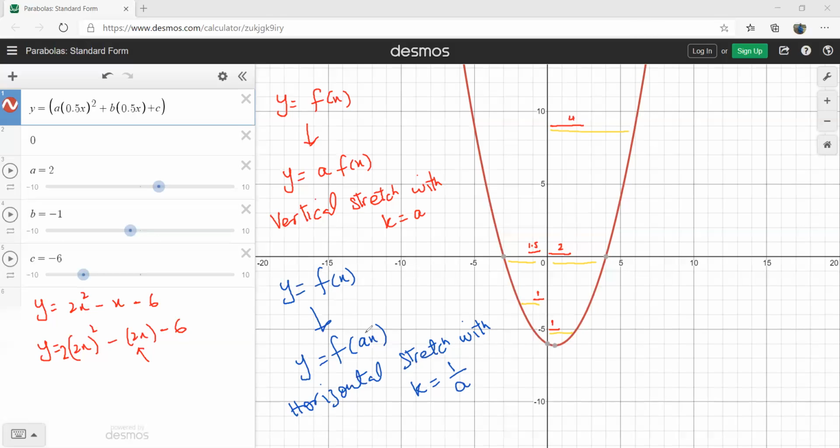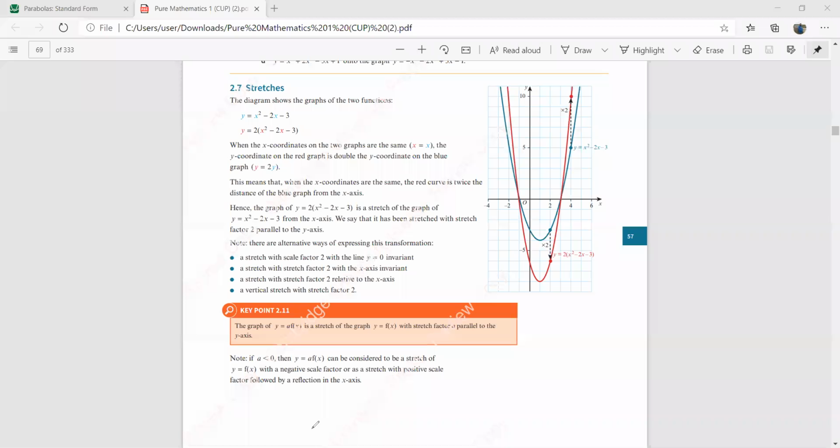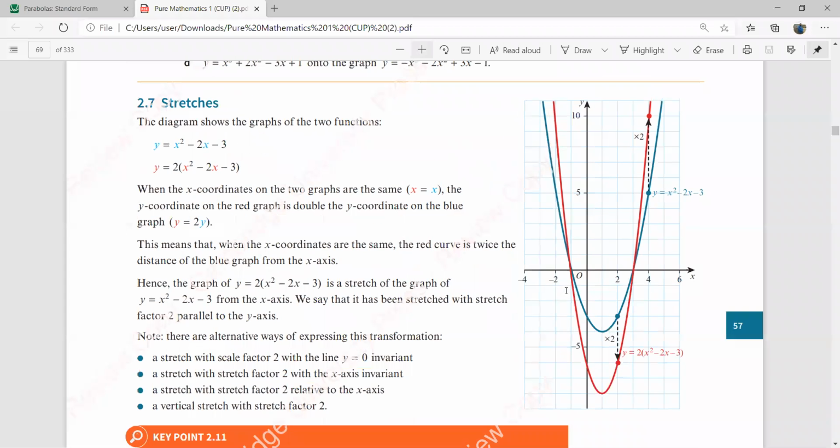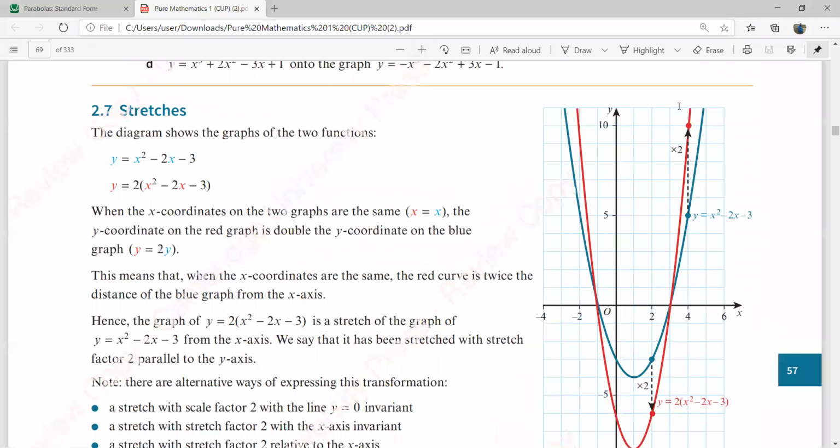So time to go back to the book and see what we have there. Just to remind you from the book, let me enlarge this a bit. Guys, is this book being shared with you? Yes, this is being shared. Okay, guys, look at this. Your whole equation is being multiplied by 2.